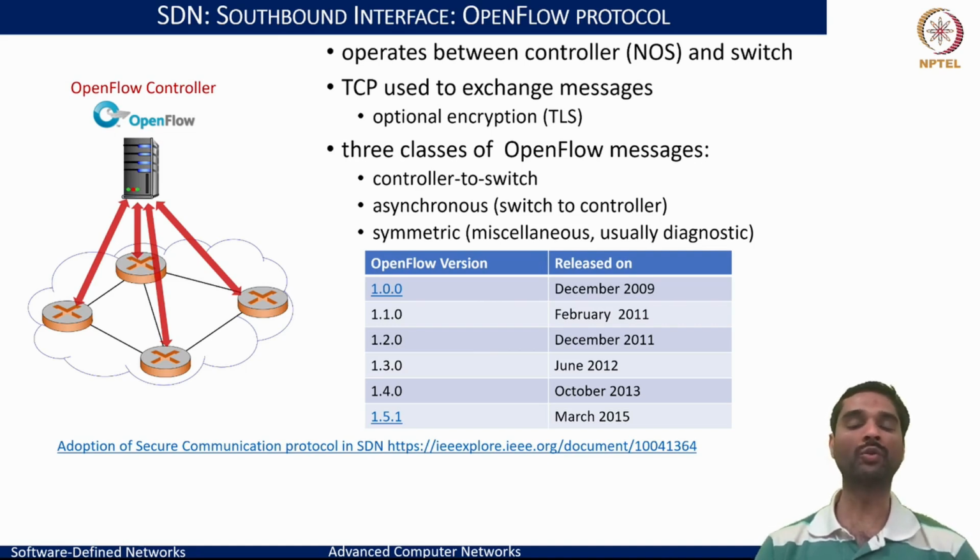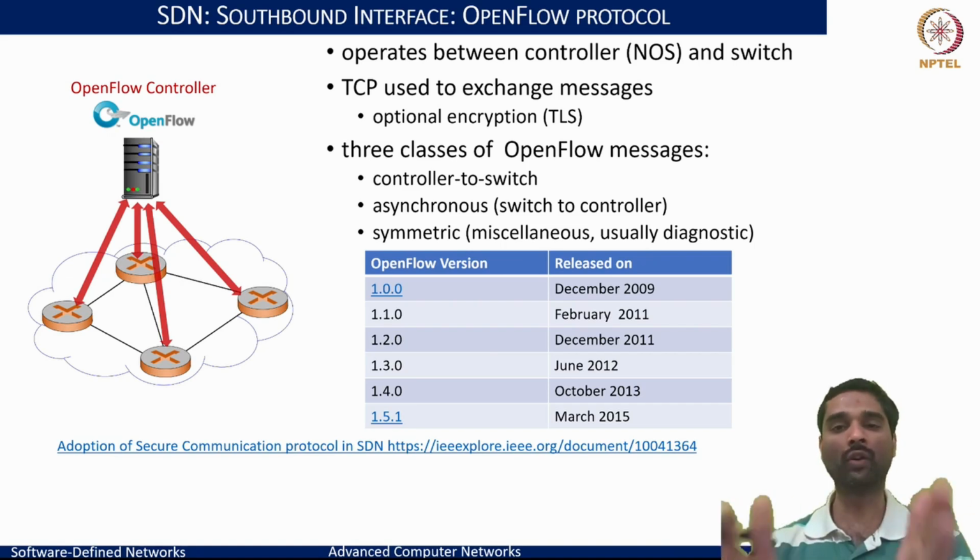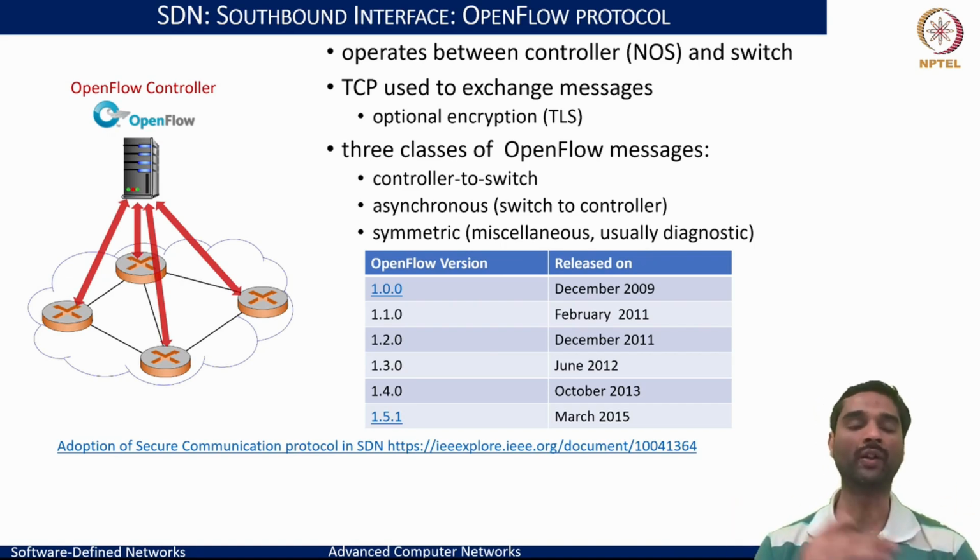And by March 2015, we have version 1.5.1 of the OpenFlow specification that describes what the exact messaging constructs are for each of these cases, and what the sequence of operation is, in essence the overall protocol for communication between the network operating system or the SDN controller and the OpenFlow devices. Let us look at some of these aspects.